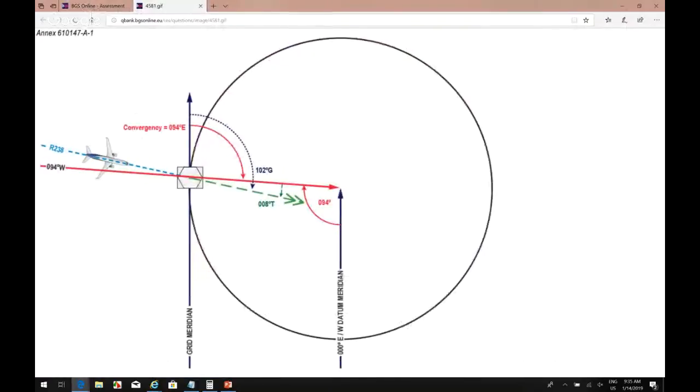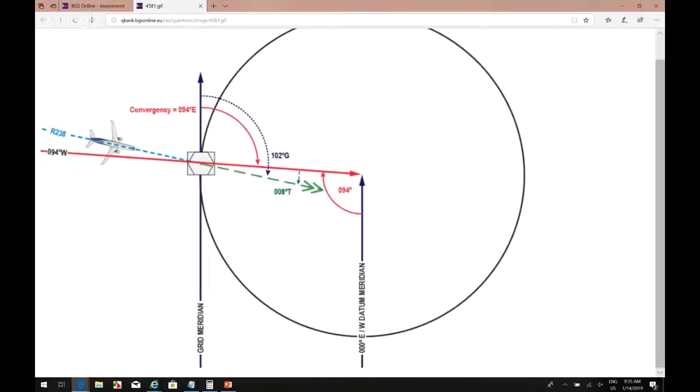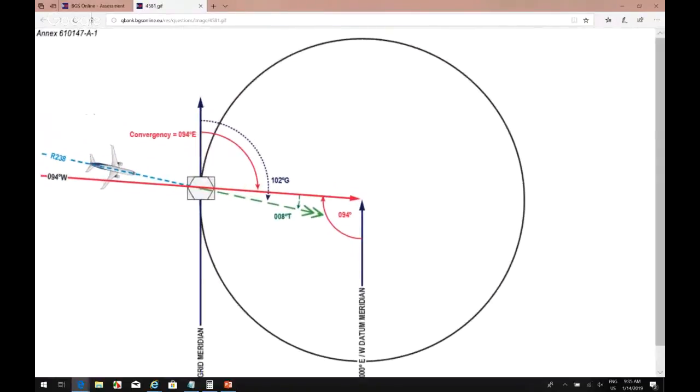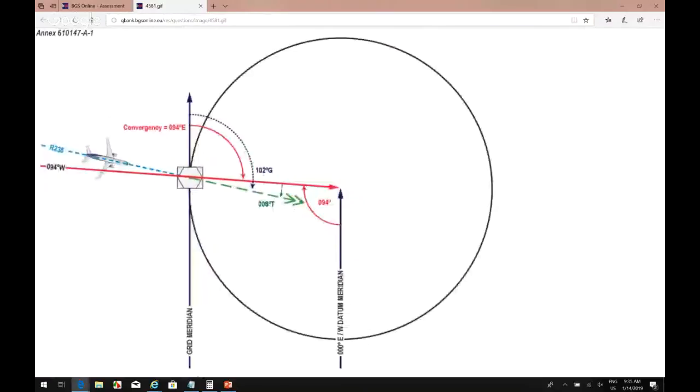So they showed, there's the grid meridian, that's correct. 94 is this line, the red line here. And 238 would be, which way? Oh, that blue line would be 238, would it? Well, for magnetic, yes. Oh yeah, 008 is the reciprocal. Yeah, okay, fair enough.